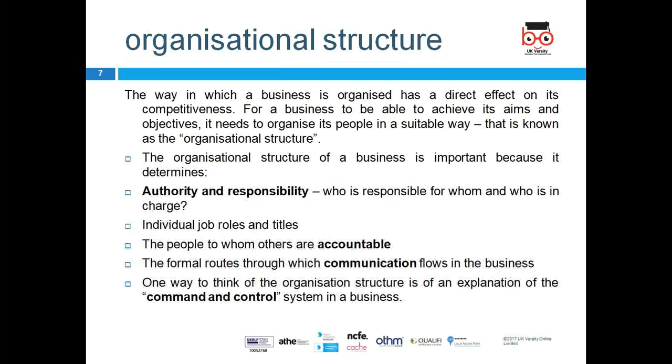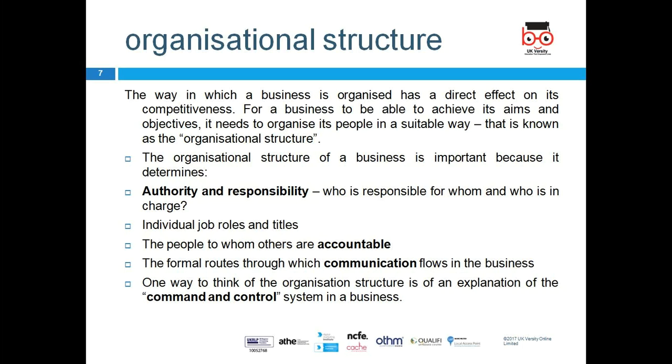Okay. Next we're looking within that, we have an organization structure, which in assessment criteria 3 is more in detail. The way the business is organized has a direct effect on its competitiveness. For a business to be able to achieve its aims and objectives, it needs to organize its people in suitable ways, which is known as an organization structure.